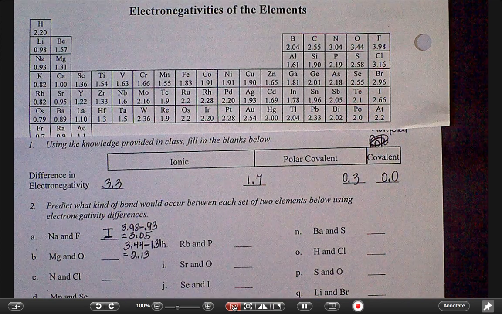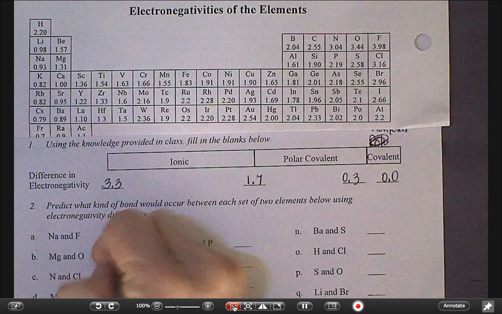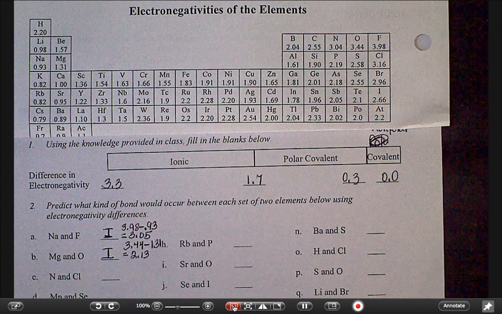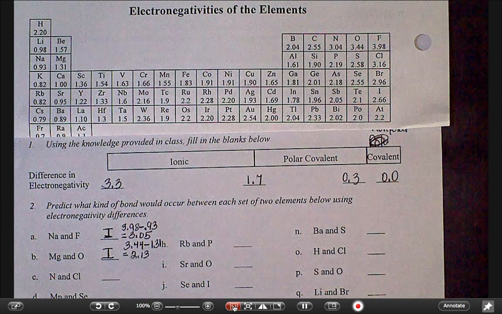Where does 2.13 fit? Ionic. Okay? That's what you're going to do. Anybody have questions? Okay. I expect you to finish it in class so you do not have any homework.